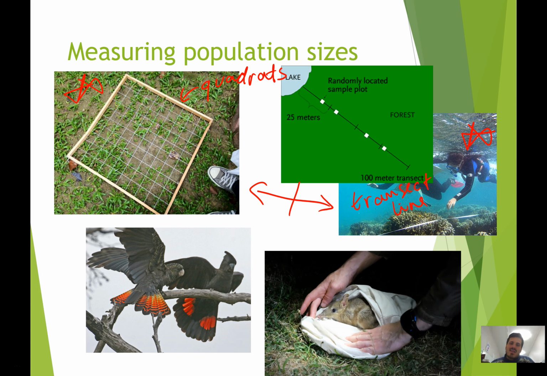Which is still a scientific method, but not quite as scientific as these two other methods. And then also these bandicoots here, that in Hamilton, they also measure the size of their populations by taking video data and such, and actually doing what we call catch and release programs by tagging.